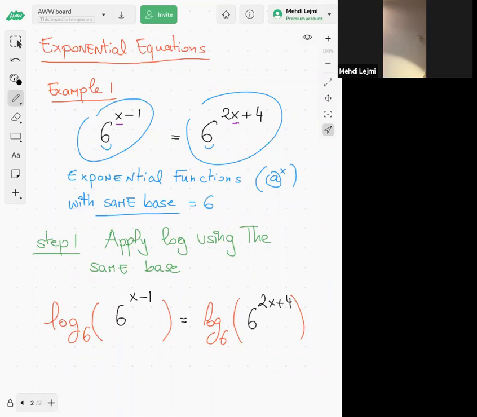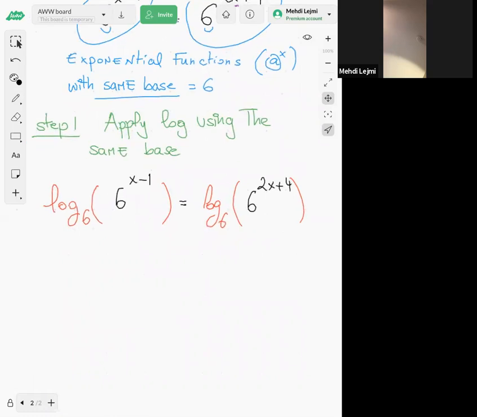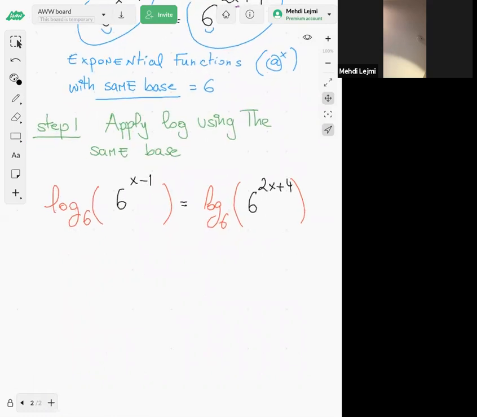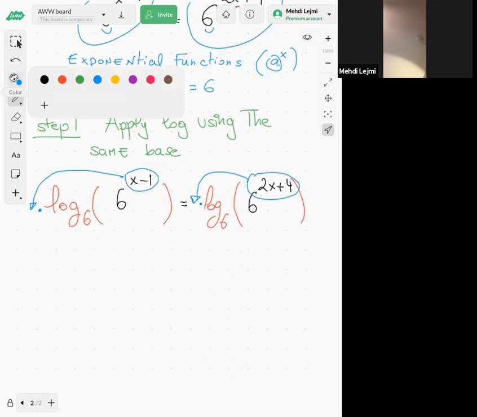Now, why do we apply the log to both sides? Because when you apply a log to 6 to the power x minus 1, you can bring this power down to the front of the log, and the same for the power on the other side. That's one of the properties of the log, so let me remind you.